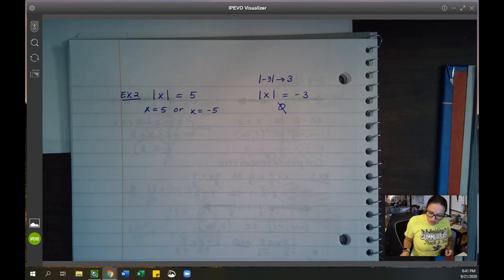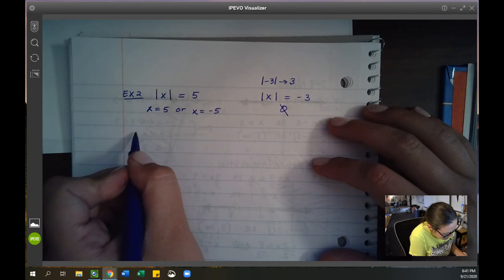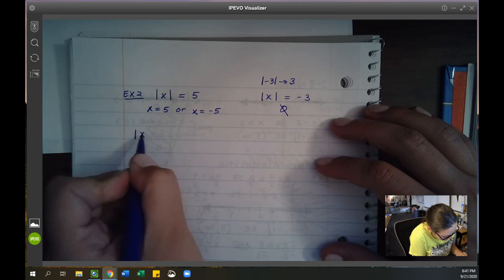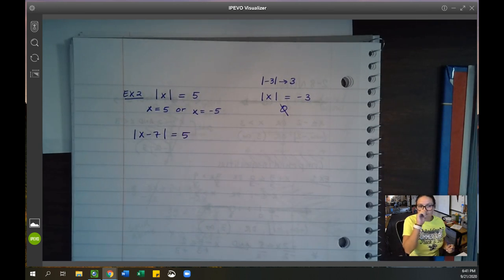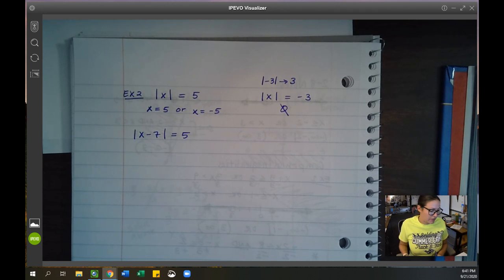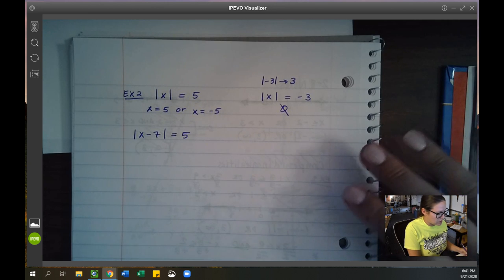All right, let's try another one. Let's say I have absolute value of x minus 7 equals 5. Now, I know what you're thinking. You say, oh, Miss Jackson, that's so easy. It's just 12 and negative 12. Well, let's think about this. X equals 12. That sounds good to me.